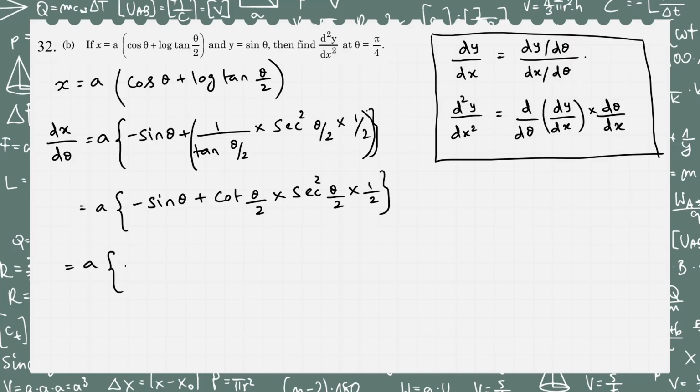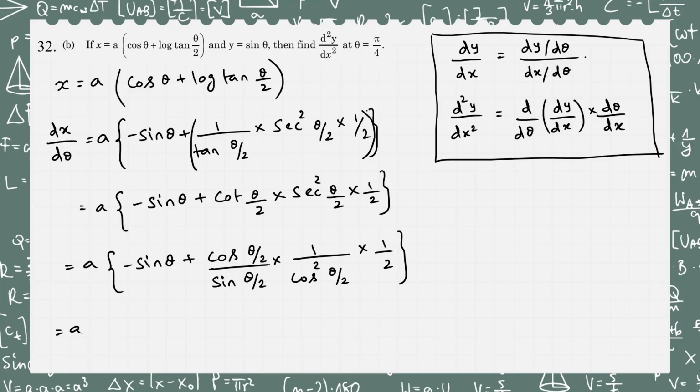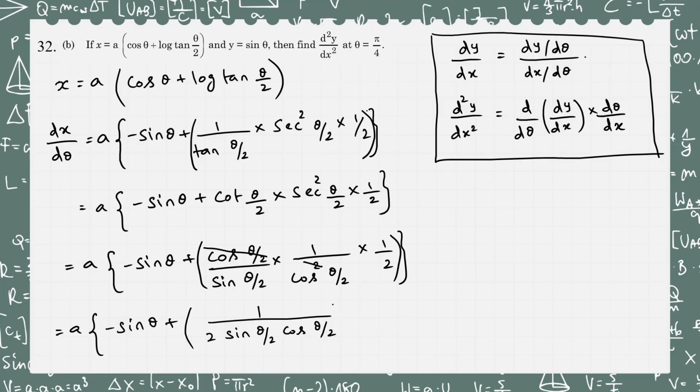So this will be minus sin theta plus cot theta by 2, which can be written as cos theta by 2 by sin theta by 2, and secant square can be written as 1 by cos square theta by 2. This 1 by 2 is a separate term, and this will be a times minus sin theta plus 1, as the cos theta by 2's will cancel here. So we have 1 divided by 2 sin theta by 2 cos theta by 2.